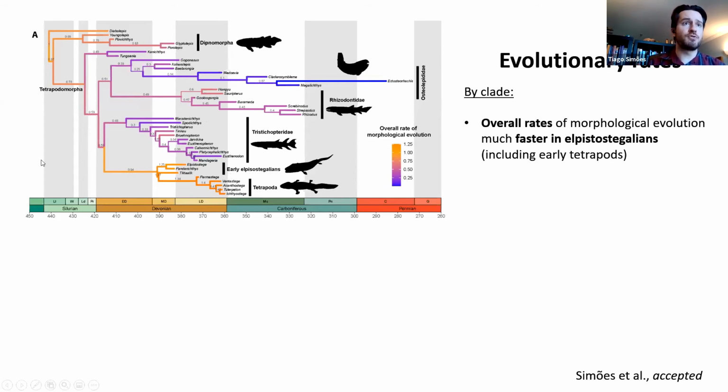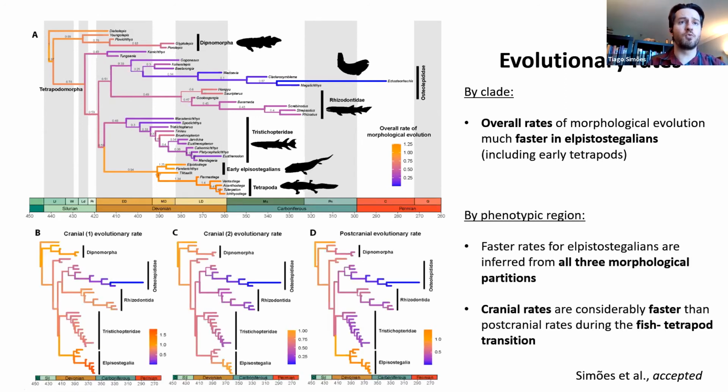So those are all sarcopterygians, and we have tetrapods, so limbed vertebrates, over here. And this is true whether you assess that over all morphological partitions as a single unit, or by estimating rates independently across partitions. So we always have rates higher for Elpistostegalians relative to the other groups for all morphological partitions that we can assess here.